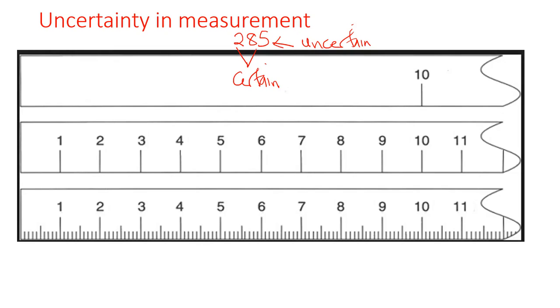I give you another number like 25.834, last digit uncertain. All these digits before the last one are certain. So we need to take note of that when doing measurements.